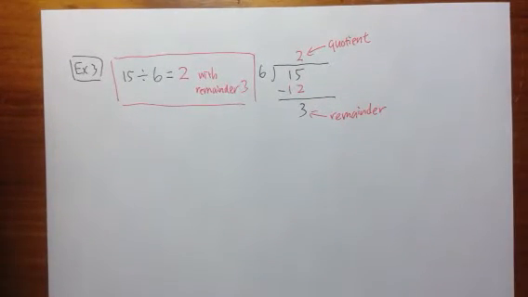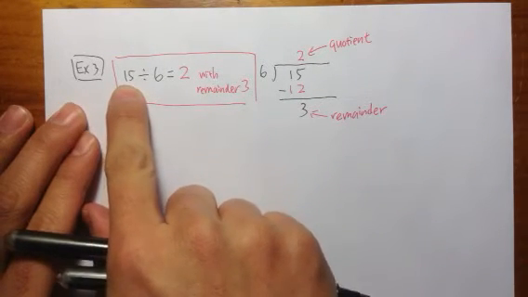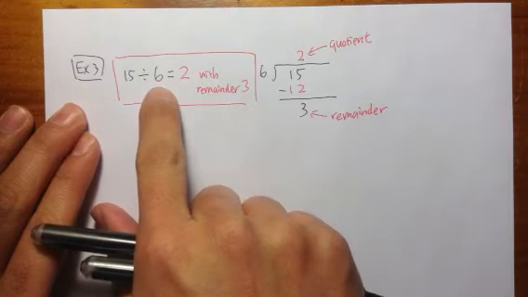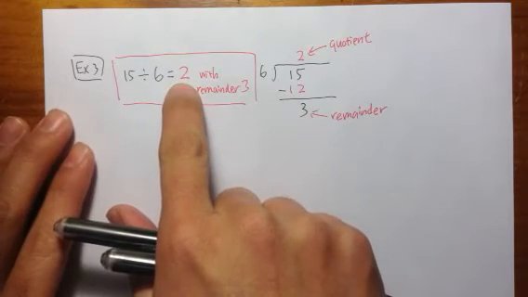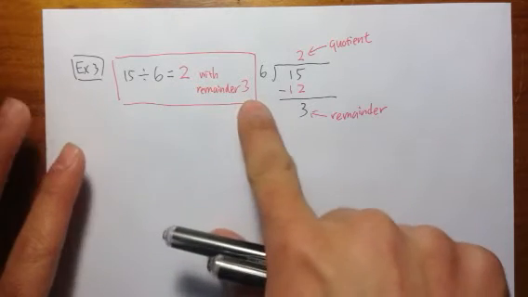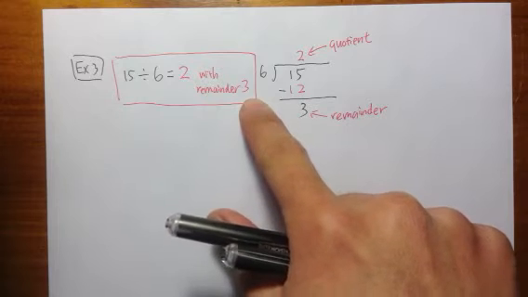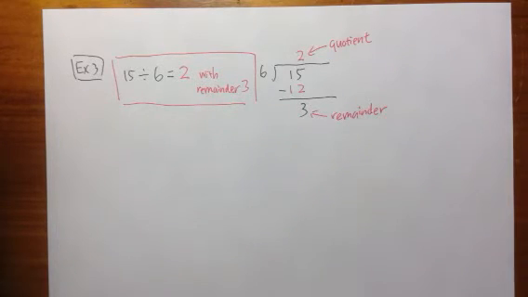You don't do any further. And it depends on the situation. For example, if you have 15 iPads and you want to share with 6 people, then everyone can get at most 2 iPads, but you will have 3 iPads left over, since you cannot cut the iPads in half and then share with the 6 people, right? So that's it.